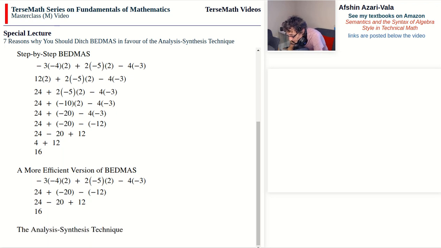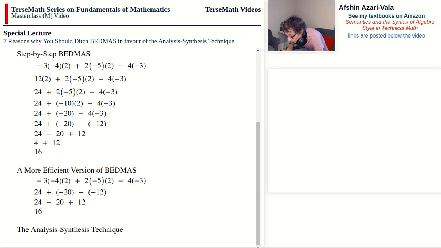The alternative is the analysis synthesis technique. When you analyze something, you break it down into its logical components, and then you break those components into their logical components, and so on and so forth, until you arrive at the smallest components, which for expressions are the numbers, the individual numbers. When you synthesize something, you put it back together.